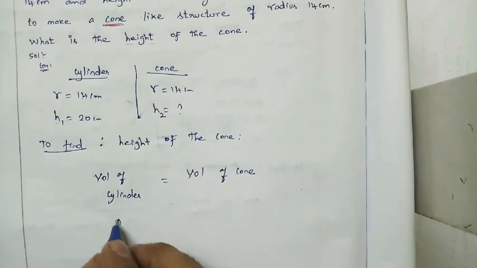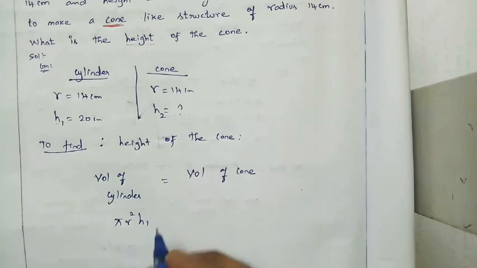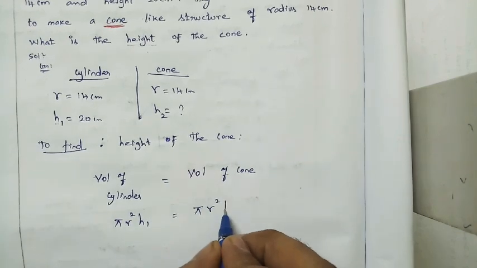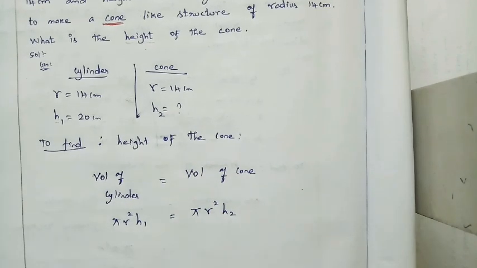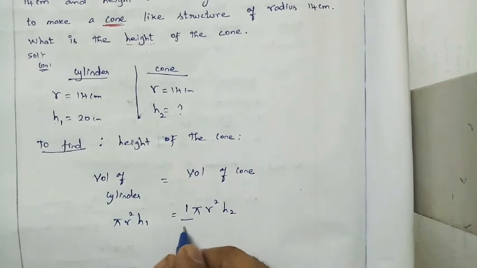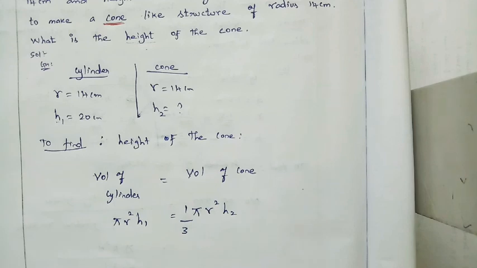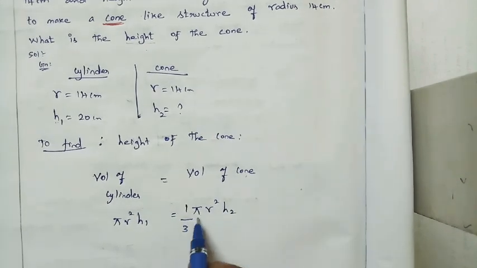Pi r square h1 is equal to pi r square h2. Sorry, volume of cone is equal to 1 by 3 into pi r square h2. Volume of cone formula is 1 by 3 pi r square h2.